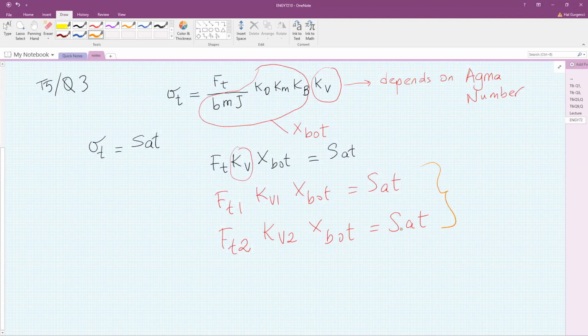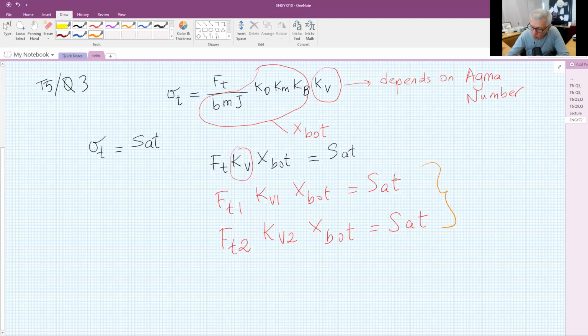Yes. And if you divide them by each other, you don't really have to know SAT, because when you divide them, what you get is FT1 over FT2 times KV1 over KV2 is equal to 1. Okay? You understand that? This one? Yes.